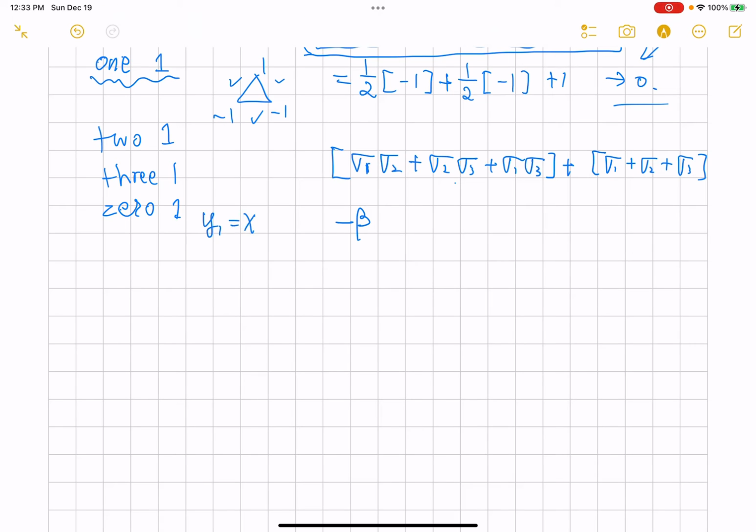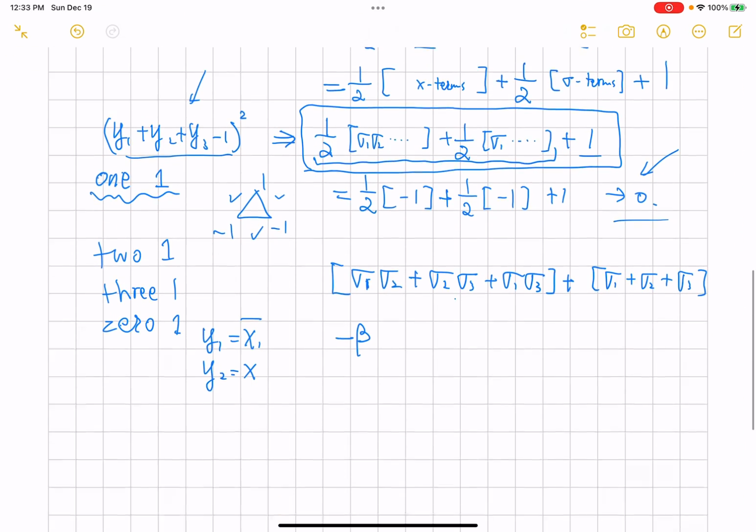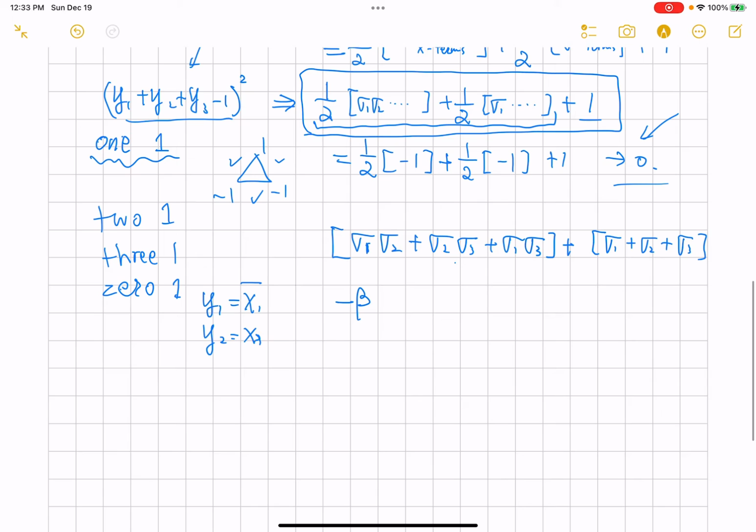So this is what we said. y1 is x1 bar. y2 is, what was it, x3 and x4. y3 is x4, right? Then what you're testing here is beta 1 and beta 3 plus beta 3, beta 4 plus or minus beta 1, beta 4, right?